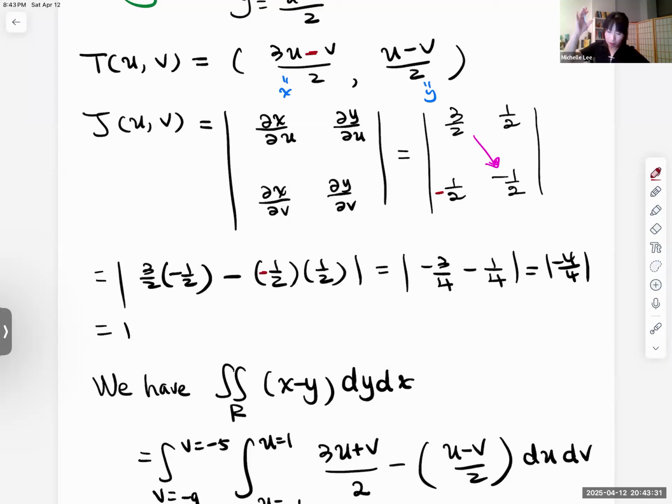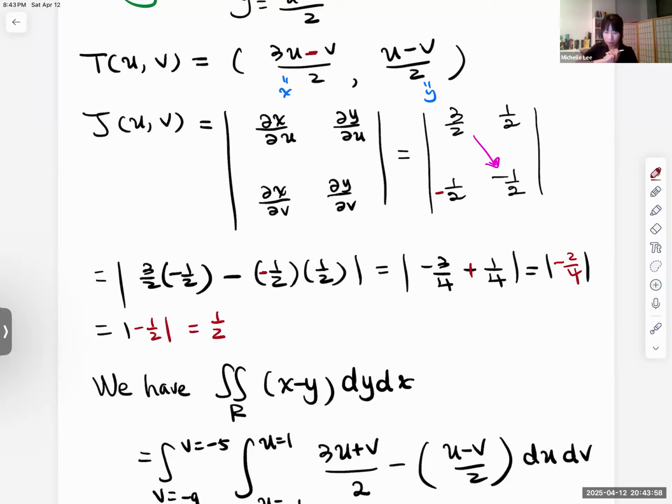Then 1, negative, negative, positive. So negative 2 over 4, which is -1/2, which is just 1/2.